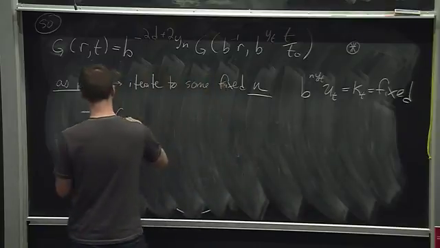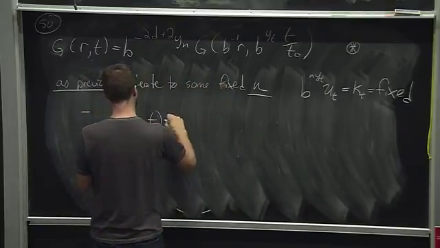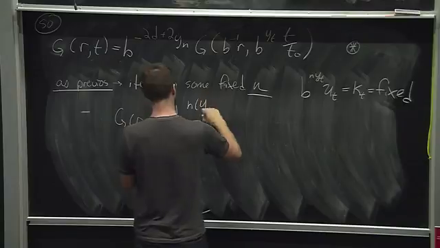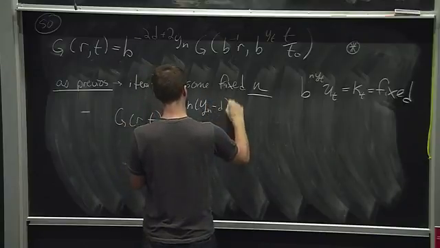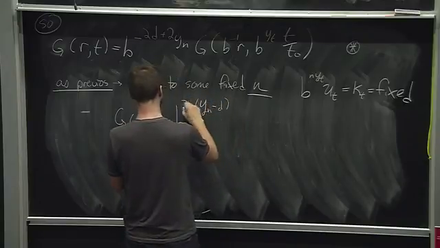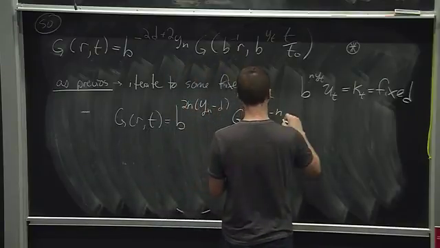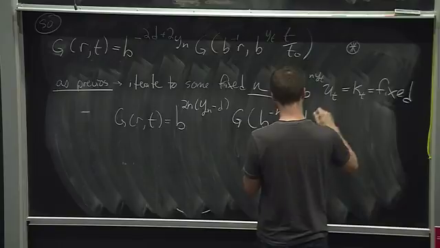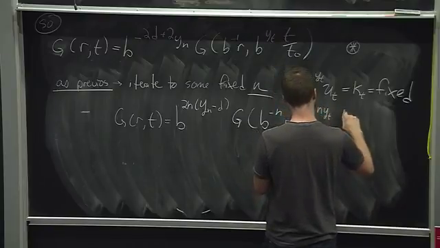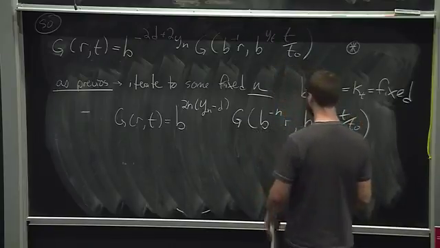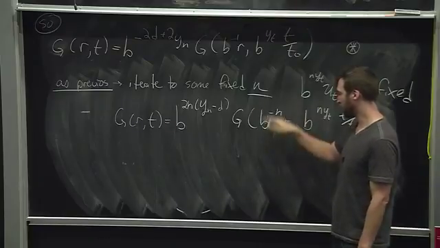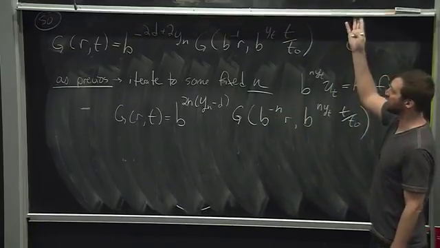Which gives me a g. I pulled a 2 out, I think. So I have a minus n here, r. This form is going to be what gives us finite size scaling relationships, by the way.